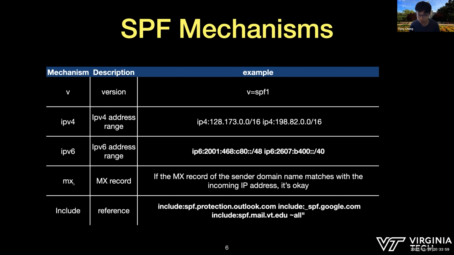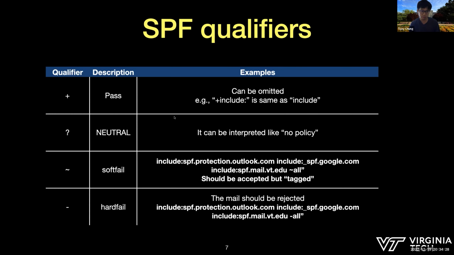If the MX record of the sender domain matches the incoming IP address, then it is okay. Basically, if the MX record is there, the receiver looks up the domain name of the MX record, and if its IP address matches the sender IP address, then it's fine. And this include is for referring to another domain, as I showed you earlier. And there is a tilde all, which I'm going to explain later.